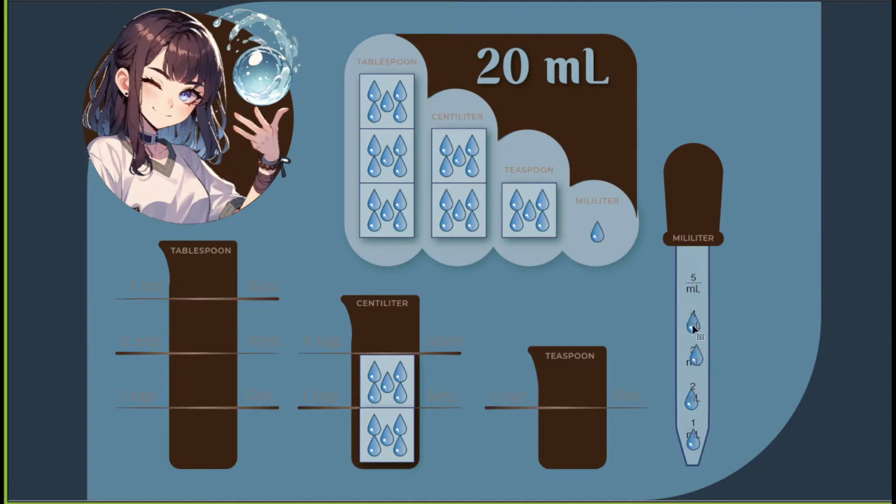Now we're going to take all of these 5 milliliters and drop them all into the teaspoons beaker. That's all in the teaspoons, and now, boom, we have 5 droplets in the teaspoons.